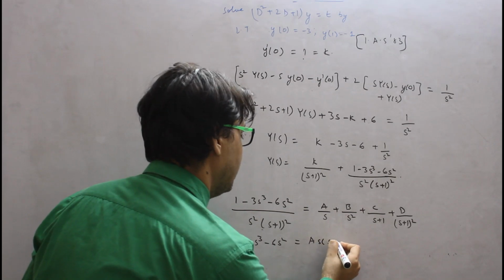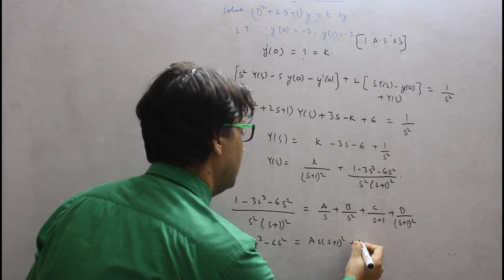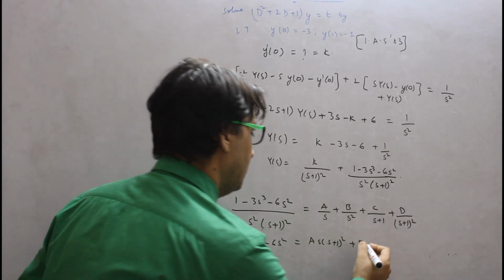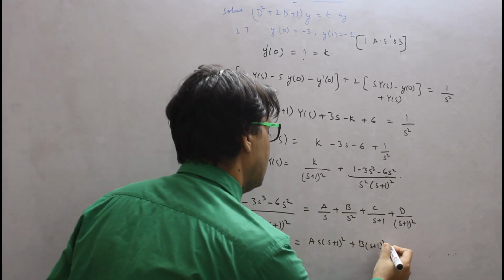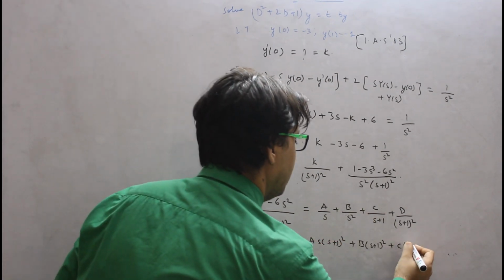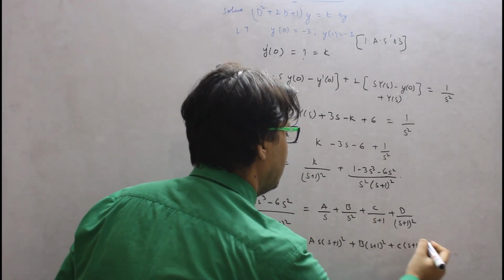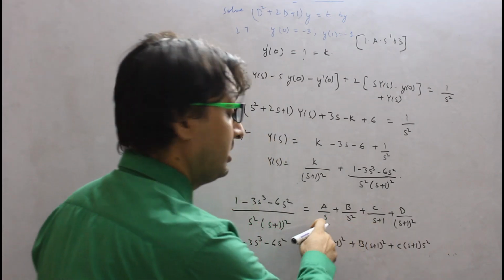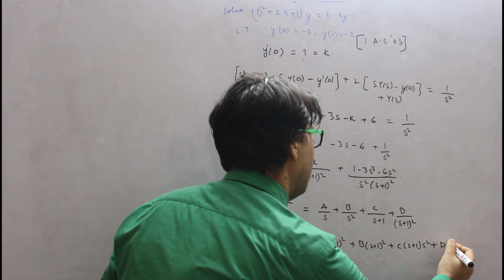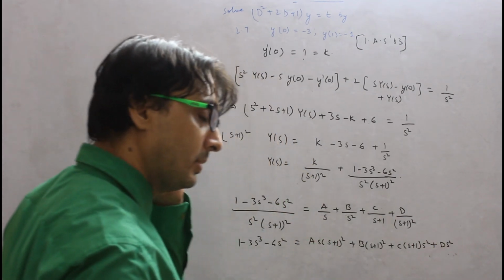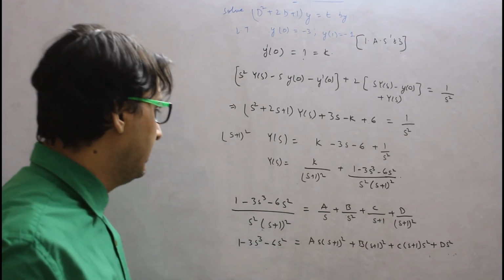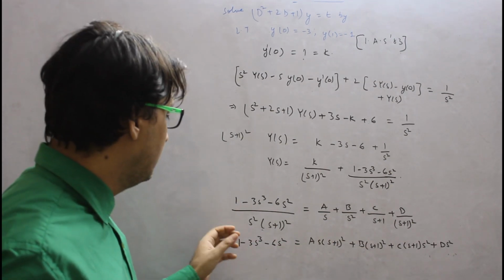And what is left? (s plus 1) whole squared. B: we are already having s squared, all we want is (s plus 1) whole squared. Here we are having only one of them, so we want one more, and here we have to take s squared, not s. We have to be careful here. Plus D times how much? s squared. So this is how we have been doing in all these questions. Here we should be very careful.